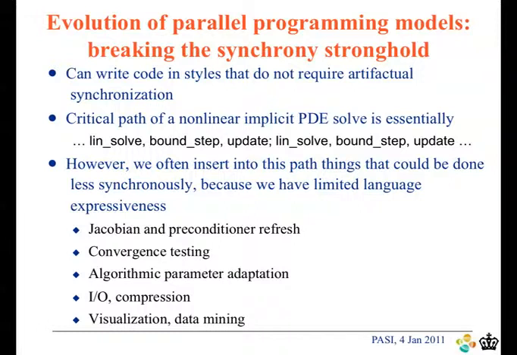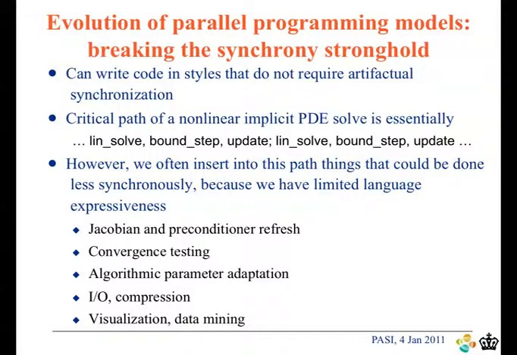For instance, in that Newton-Krylov-Schwarz kernel, for most PDEs and PETSc's workhorse algorithm that I showed earlier, there's this critical path which consists of solving a linear equation to get the state variable update, bounding that step with some robustification algorithm in Newton's method, and then doing the update.